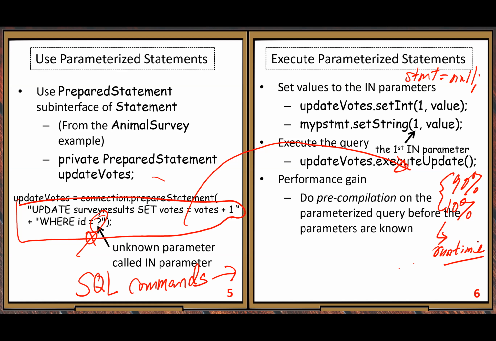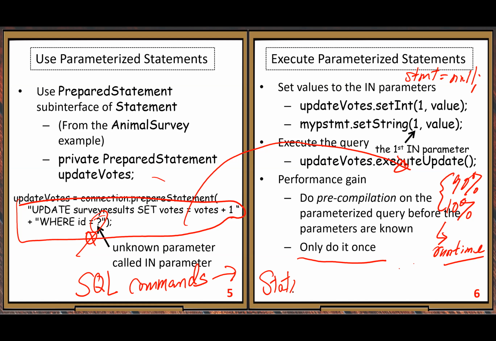Another advantage is that this pre-compilation you only need to do once. Every time you use it, you just use this compiled copy. You do not need to recompile it. But the statement way is not like that.